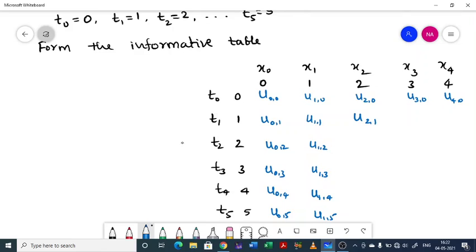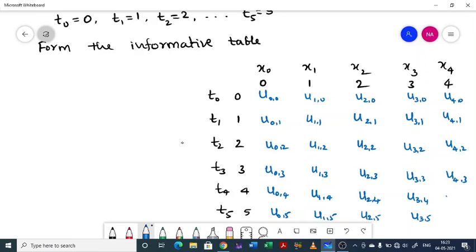No, this is increasing. u2,1, u2,2, u2,3, u2,4, u2,5, u3,1, u3,2, u3,3, all yes, u3,4, u3,5, u4,1, u4,2, u4,3, u4,4, u4,5.